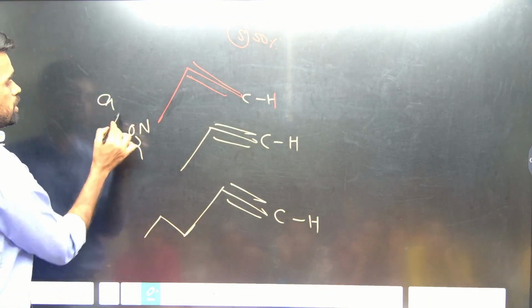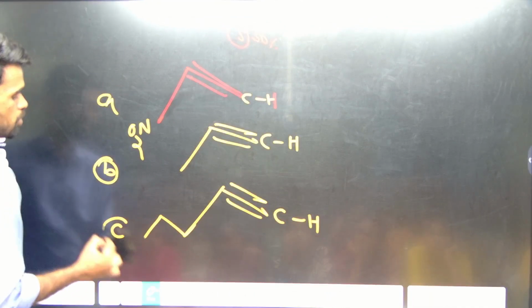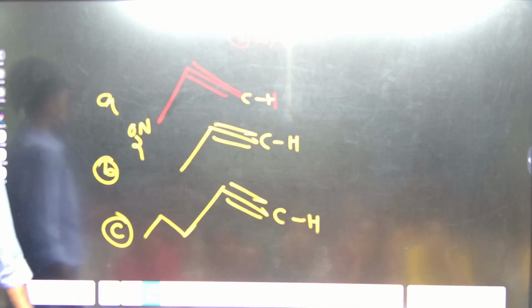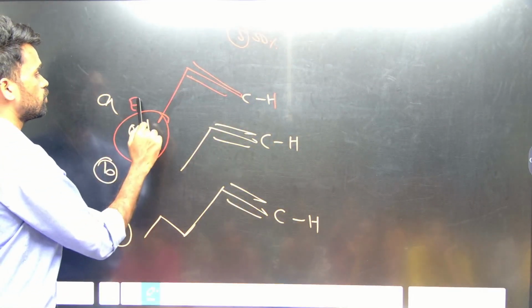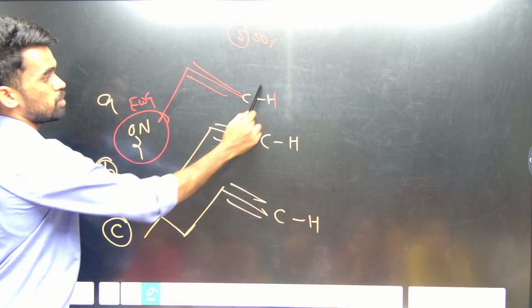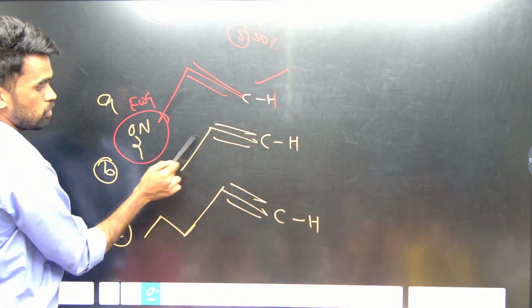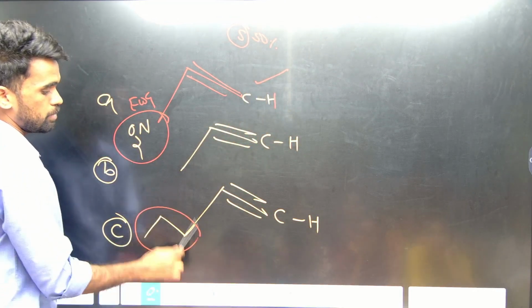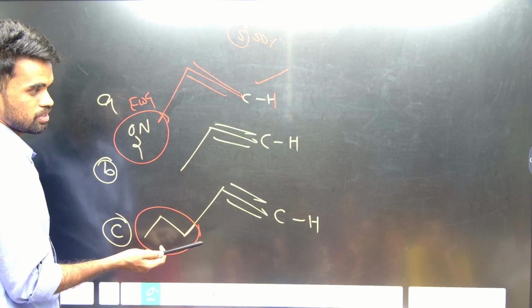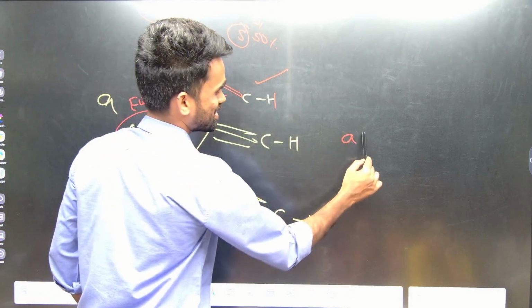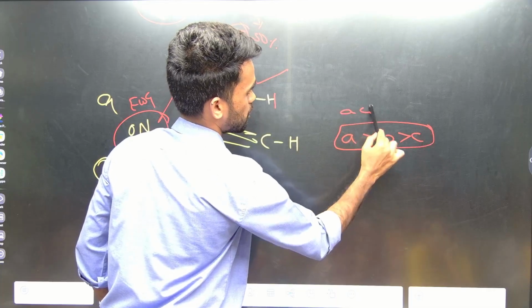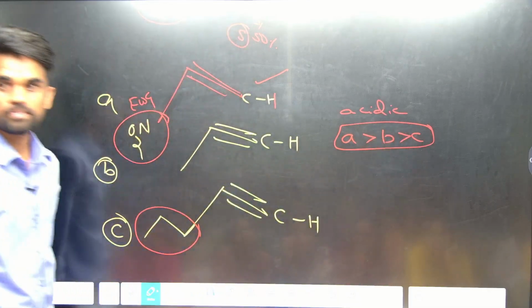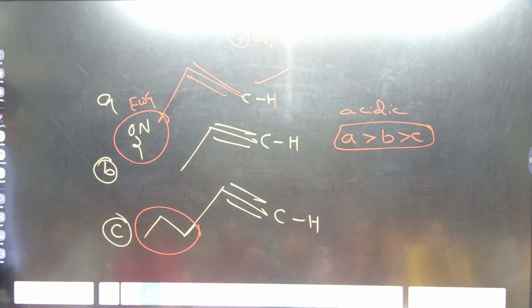A, B, C: which compound is more acidic? A. Why A? The electron withdrawing group makes it more acidic. Here there is only an alkyl group, here a bigger alkyl group. So B, then C. So A, B, C. This is acidic strength. Everyone clear with this? Understood or not? Okay.